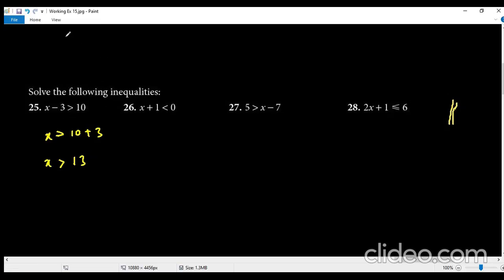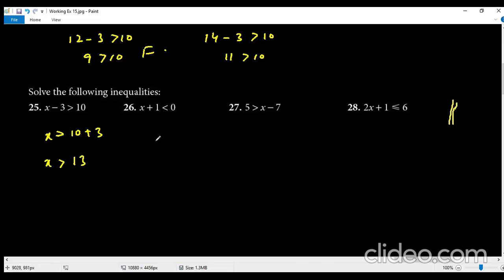For example, if I put 12 minus 3 is greater than 10, it is going to be a false statement, because 12 minus 3 is 9, which is not greater than 10. To make this statement true, you need to have a value which is greater than 13. For example, if I write 14 minus 3 is greater than 10, of course 11 is greater than 10. So you need to have a value which is bigger than 13.